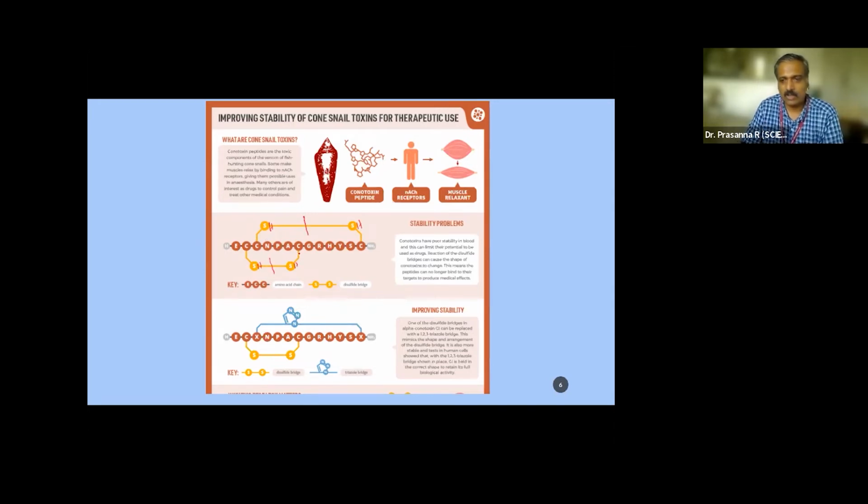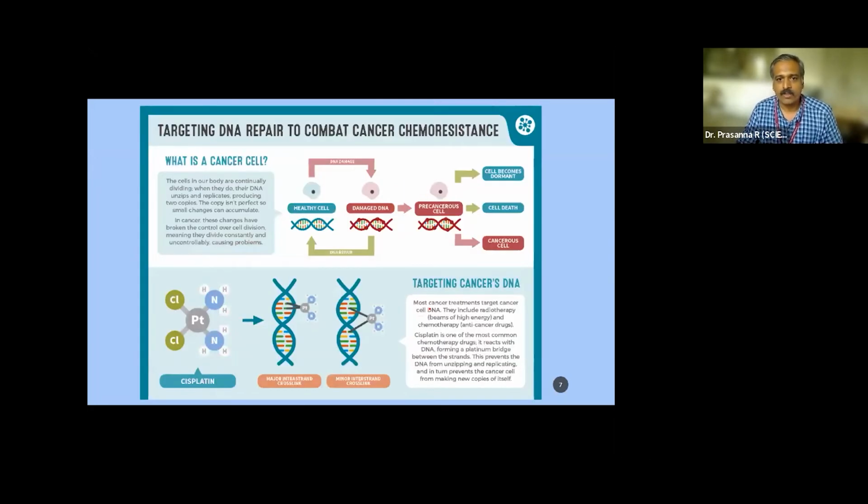It undergoes fission and forms a free thiolic group, which gives a lot of instability to the molecule, and the peptide is not going to be effective for the purpose of a muscle relaxant. So instead, people have modified it with a triazole over here, which has substantially improved the stability and the activity of the drug.